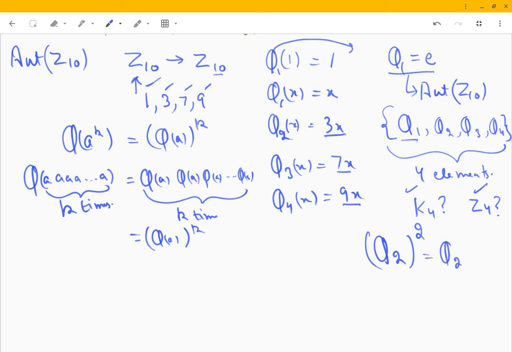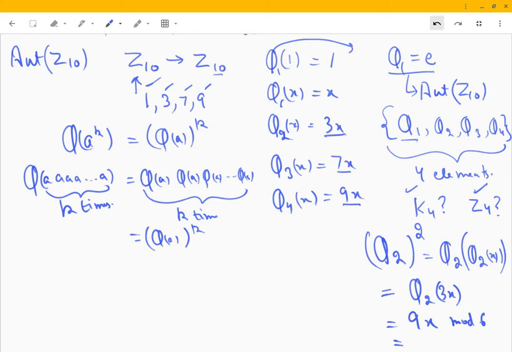That means phi 2 operated twice on x, of course. So what is phi 2 doing? It was sending x to 3x, right? And phi 2 of 3x will send it to 9x. Which in Aut Z10 means what? Again 3x, right? If I'm not wrong, is it?